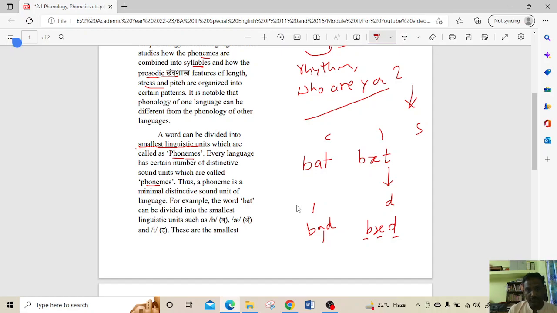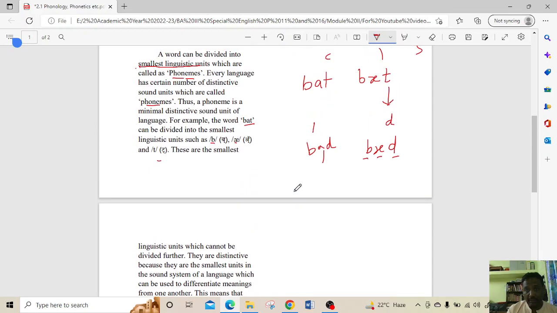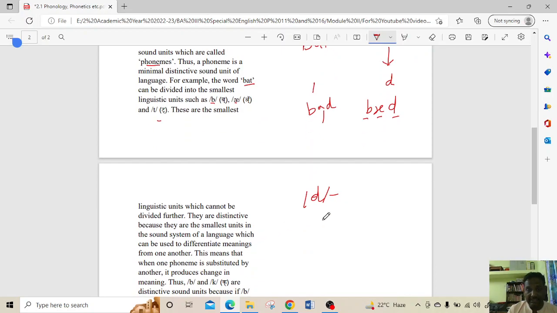So here also bat is divided into the smallest linguistic units such as b, a, t. So these are the smallest linguistic units. They cannot be further divided. The sound d cannot be further divided. So these distinctive units are called phonemes. And why are they distinctive?